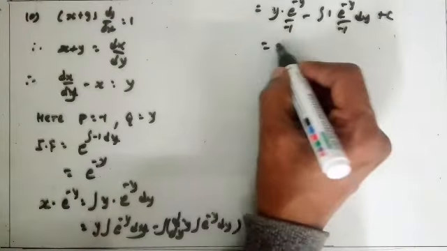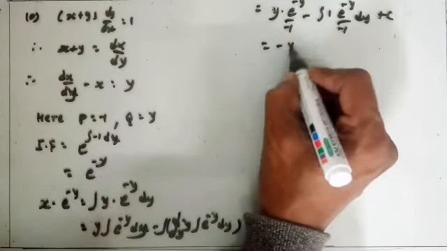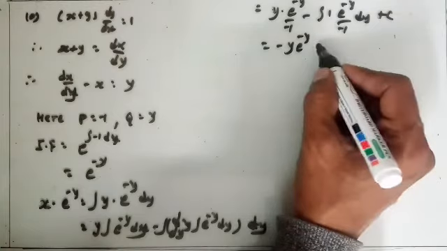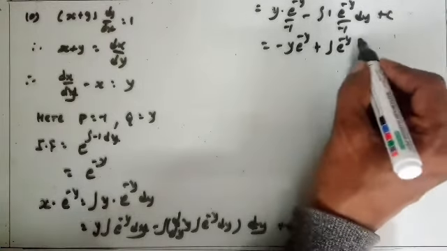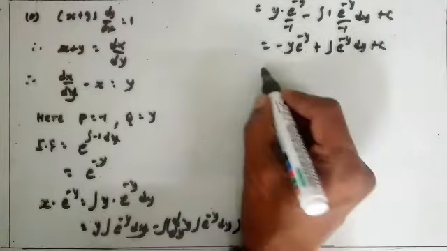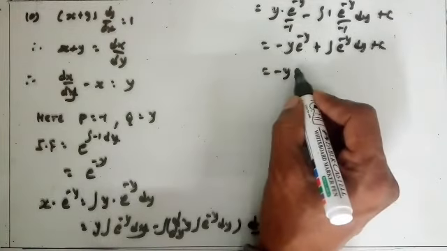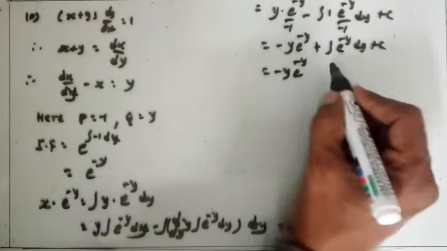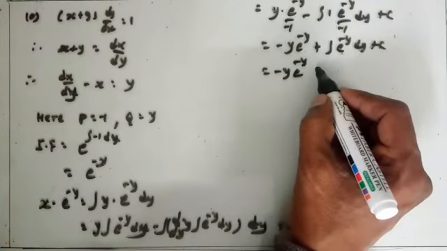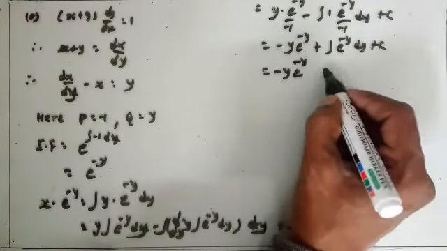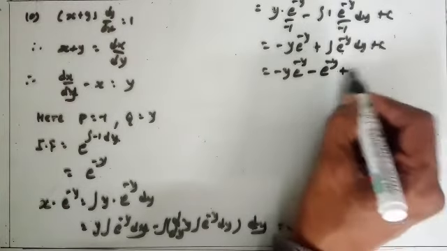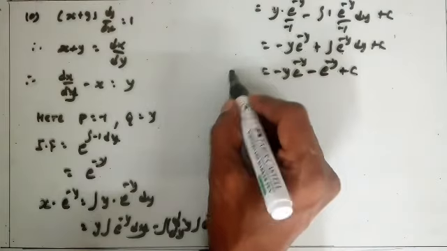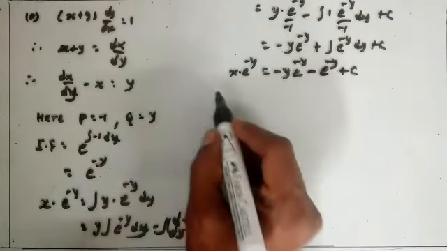So it is equal to -y e^(-y) plus the integration of e^(-y) dy plus c, so -y e^(-y) - e^(-y) + c = x e^(-y).